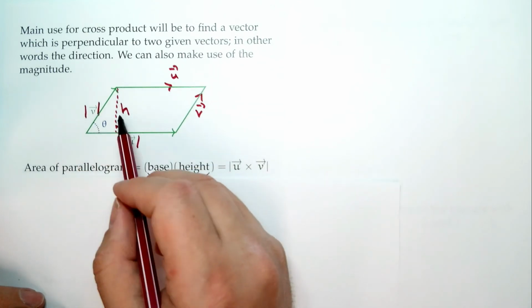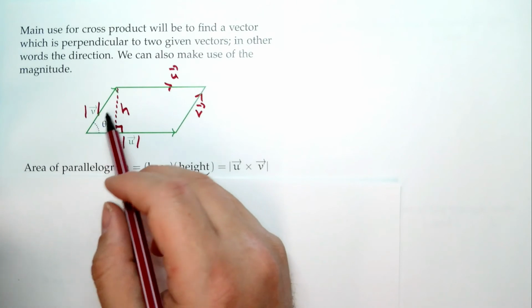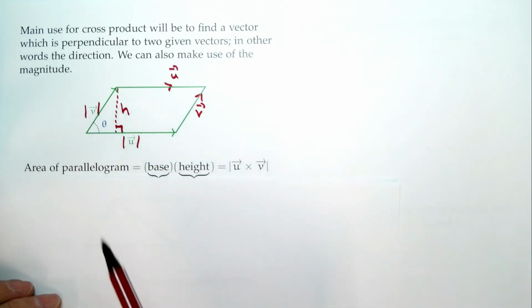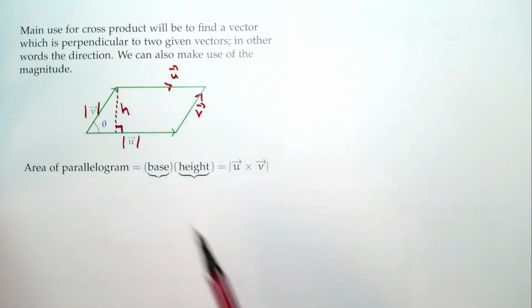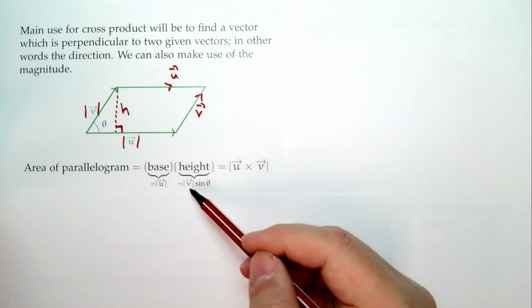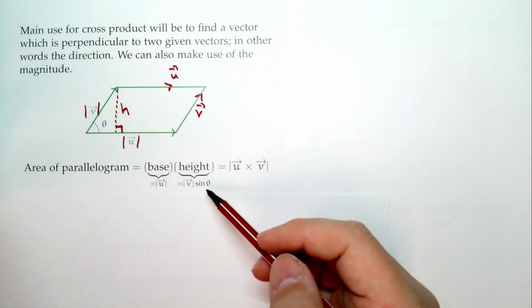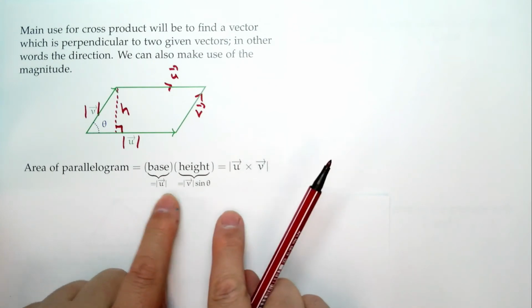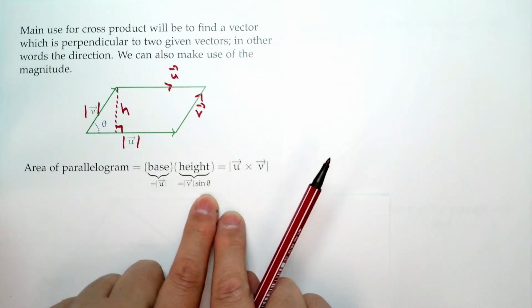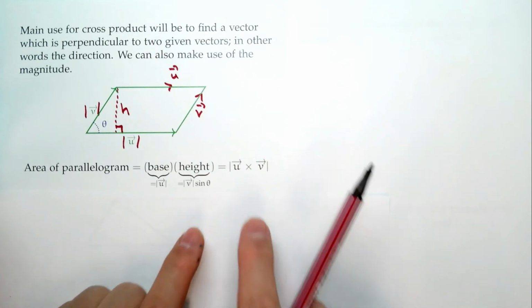I said adjacent, but I meant to say opposite and hypotenuse, that's related by sine. So sine of theta is h over magnitude of v, or, as it says here, the height is the magnitude of v sine theta. So we multiply these together, we get that the area is the magnitude of u times the magnitude of v sine theta. Well, that's the magnitude of u cross v.